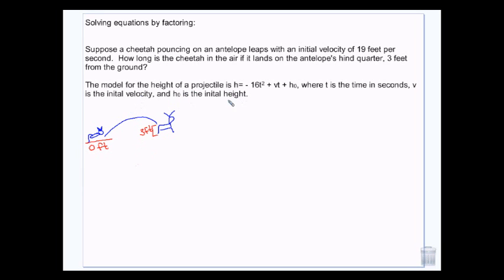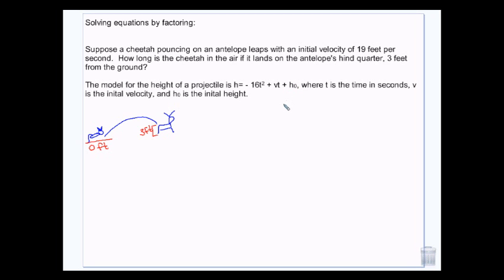The model for the height of a projectile, so projectile motion, that's what this is. It is a projectile because the cheetah projects themselves. And this is the model for pretty much any projectile: the height is equal to -16 times the time squared plus the initial velocity times the time plus the initial height.